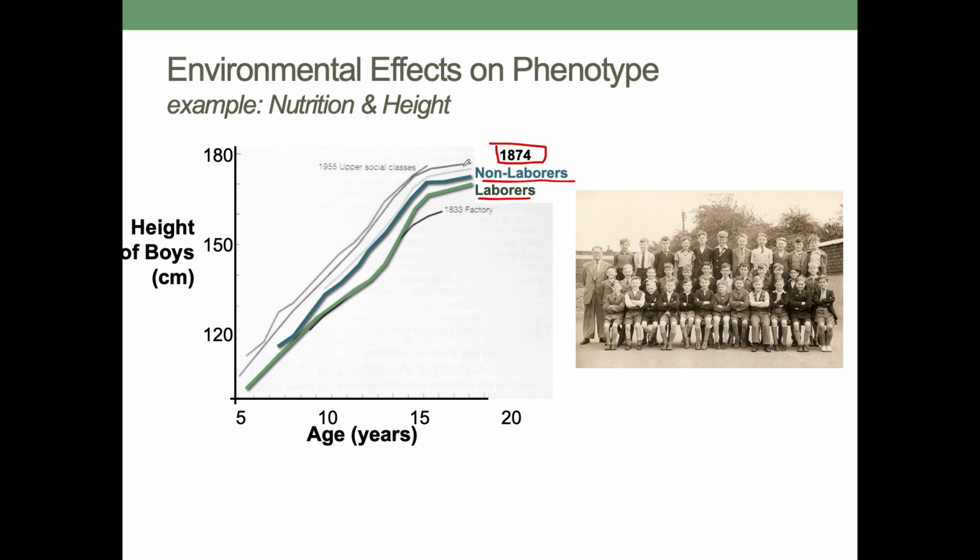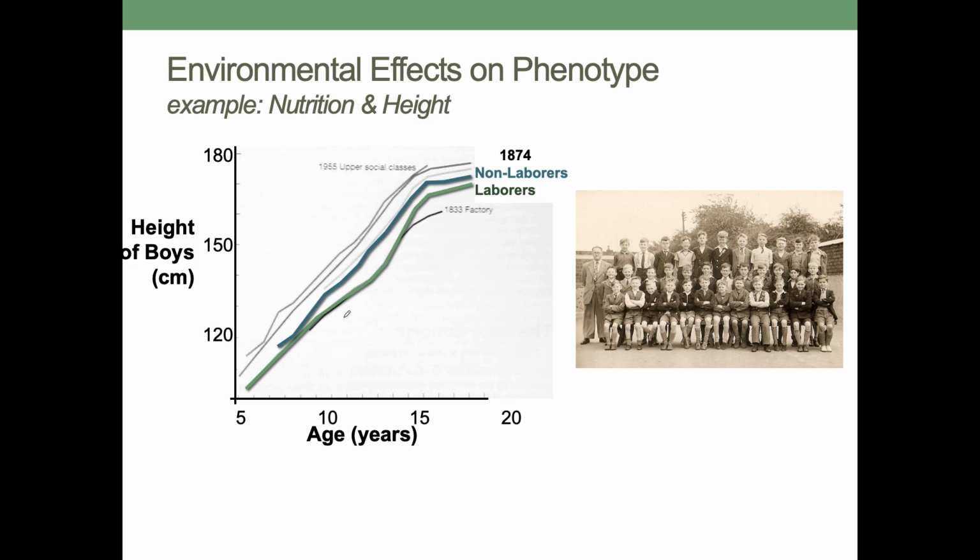7-year-olds can't work a hard job. They can't work any job now, right? Because we protect kids from that unnecessary stress. And so you can see that the growth rate, how much height changes over time, for laborers and non-laborers is about the same.